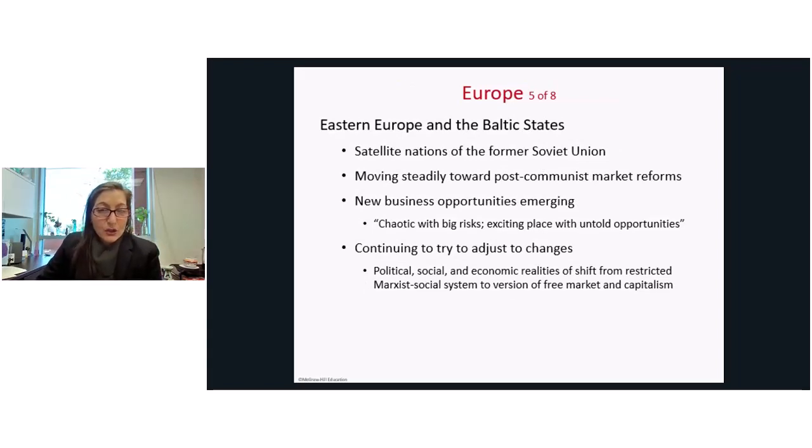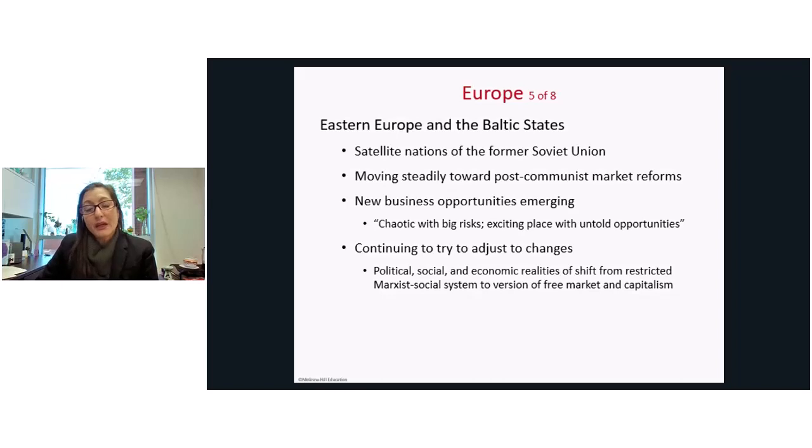When we're talking about Eastern Europe and the Baltic states, we're talking about satellite nations of the former Soviet Union. These satellite nations are moving steadily toward post-communist market reforms, and so we see new business opportunities emerging. But within, we also see chaos and big risks, and it may well be exciting and much opportunity, but you have to go in with your eyes open.